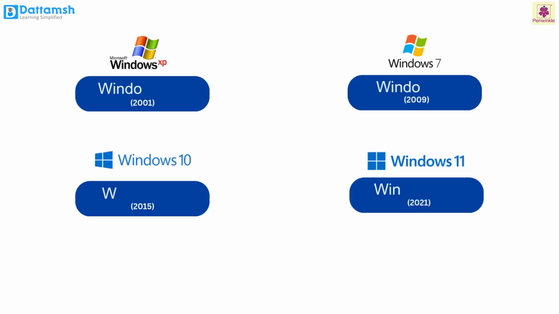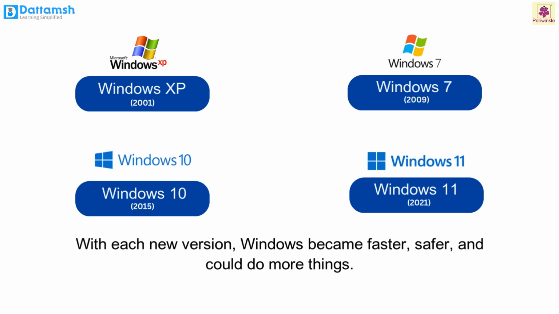For example, there was Windows XP 2001, then Windows 7 2009, Windows 10 2015, and now Windows 11 2021. With each new version, Windows became faster, safer, and could do many things.